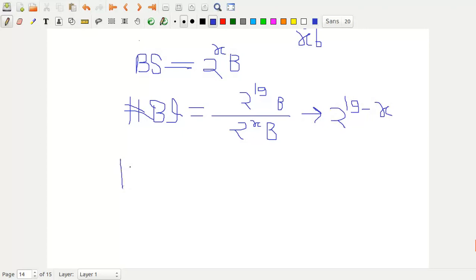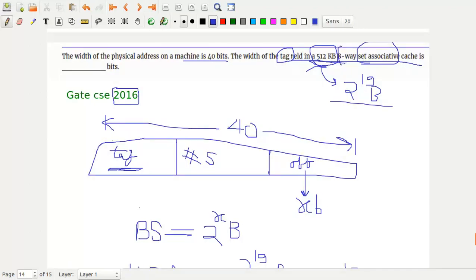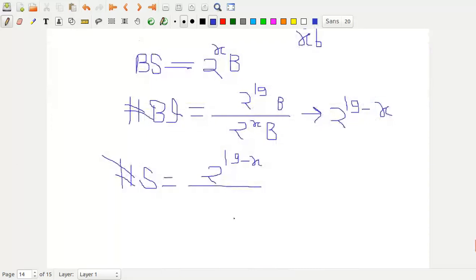Now we can find number of sets. Number of sets will be number of blocks, which is 2 power 19 minus x, divided by associativity of cache. It is given that cache is 8-way set associative. So 2 power 19 minus x divided by 8.